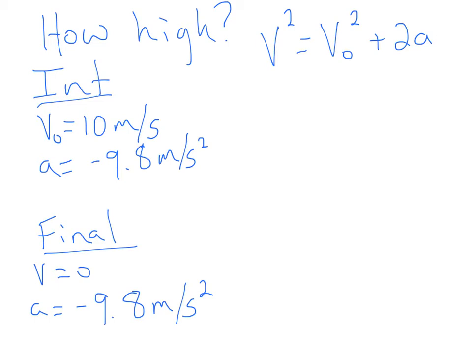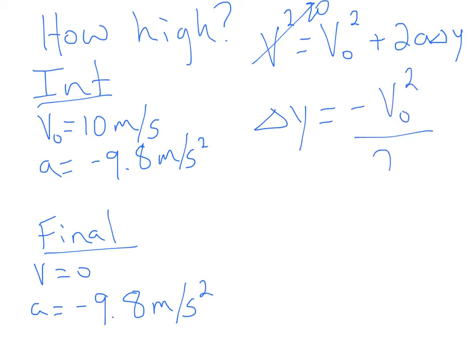So let's use a vertical distance of delta y, or a vertical displacement. And so simplifying and solving for our variable here, we get this is equal to 0, move that over to the other side, and we get delta y is equal to a negative of the initial velocity squared over 2 times the acceleration.